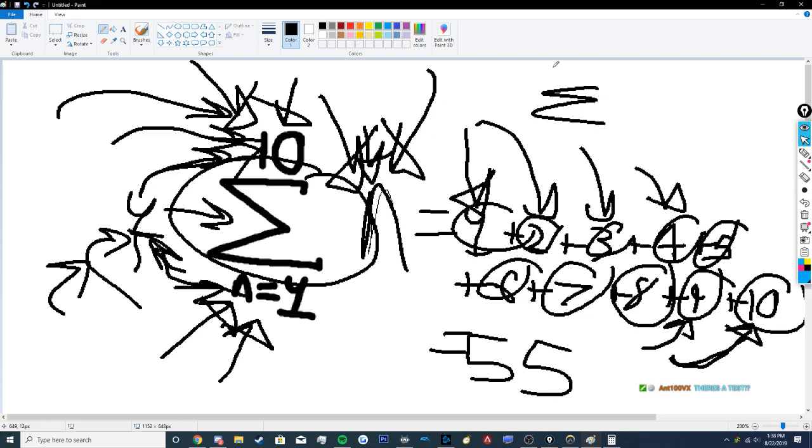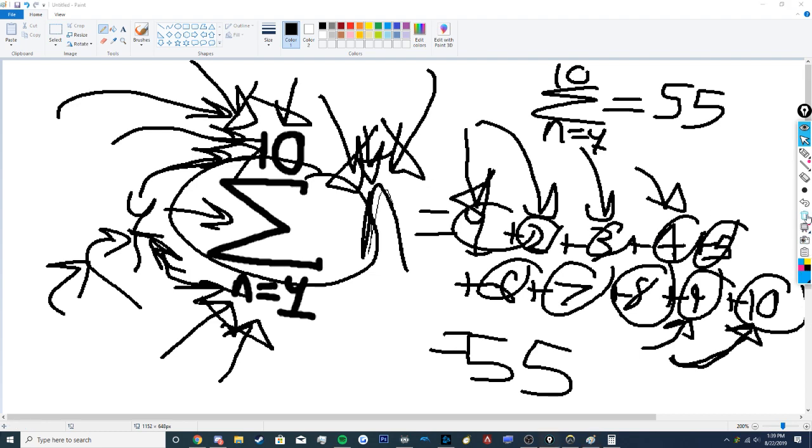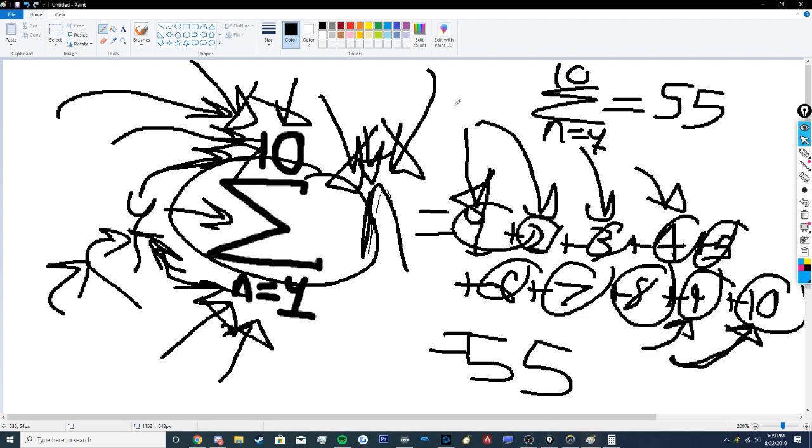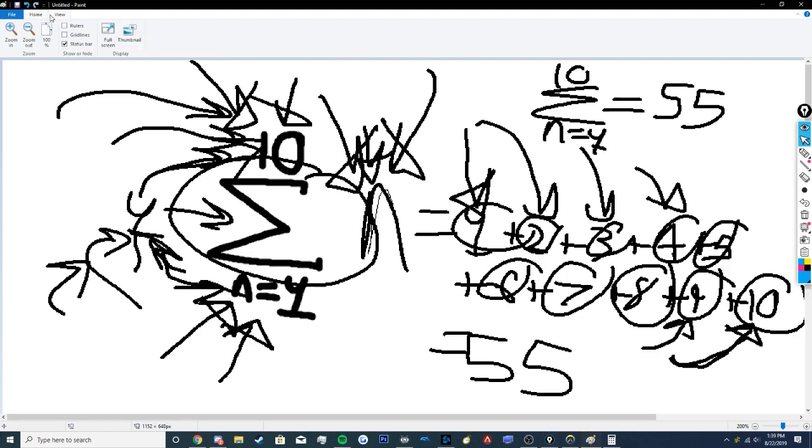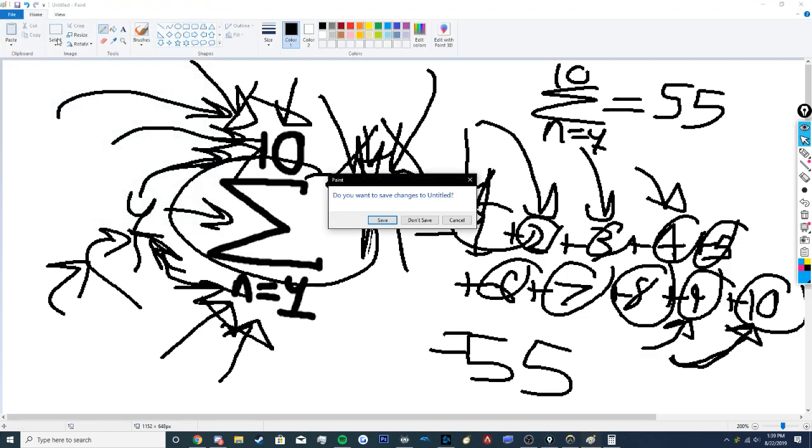So sigma n equals 1 to 10 equals 55. Yeah, there's a test. Now the reason I was confused, I did it on here. Let's make a new one.